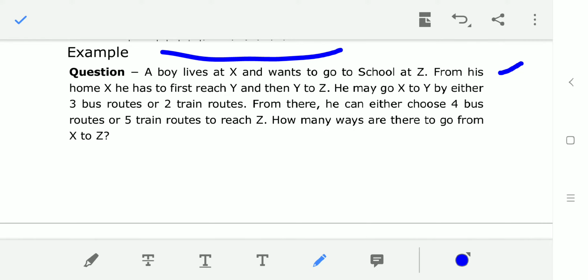From there, he can choose either 4 bus routes or 5 train routes to reach Z. How many ways are there to go from X to Z?